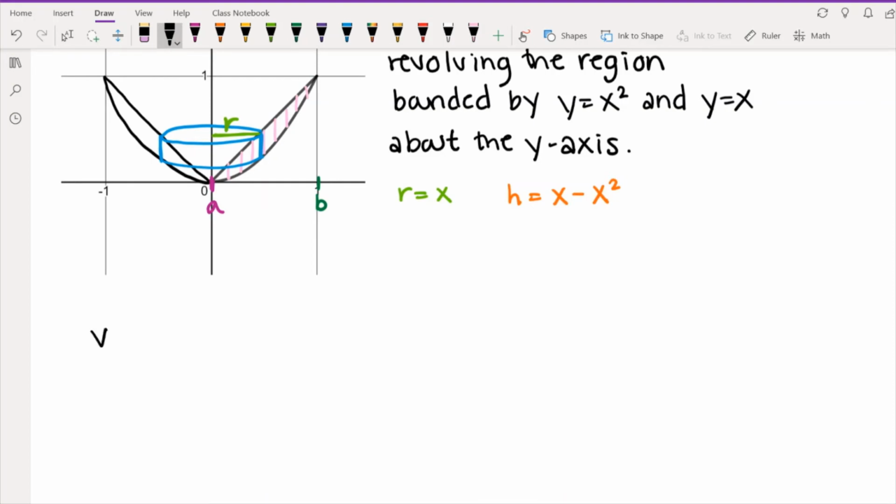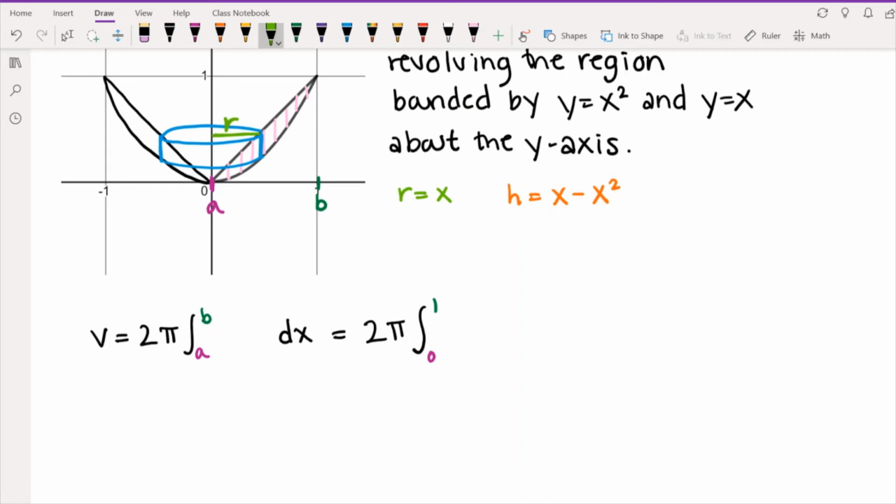So now the volume is equal to 2 pi times the integral from A to B of the radius times the height, and we're integrating with respect to x. That's going to be 2 pi times the integral from 0 to 1 of, so the radius, I flipped them again, I keep doing that.